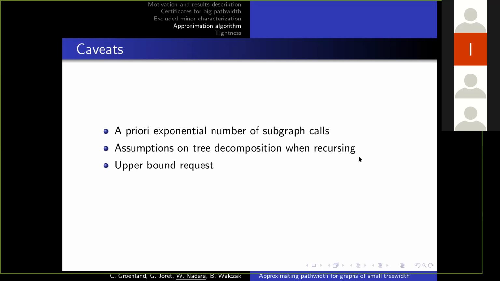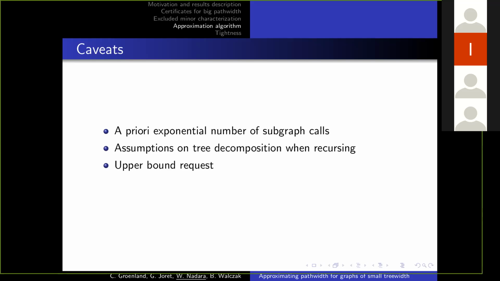Another thing is that we need to have another parameter as an input of our procedure, which is an upper bound request. It means that we are given some additional parameter b, and when the width of this graph is at least b, we actually do not care about path decomposition.